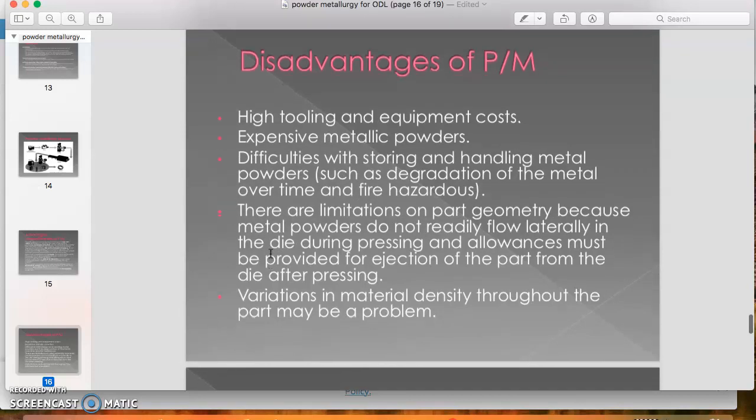And there is variation of metal density. The last disadvantage may happen if the blending and mixing is not done properly.